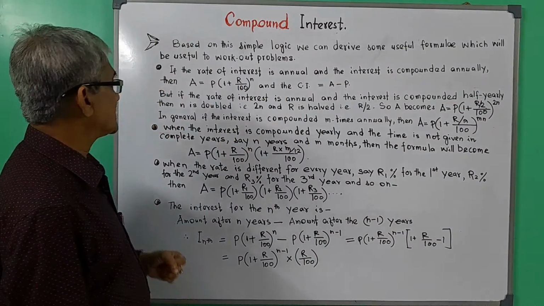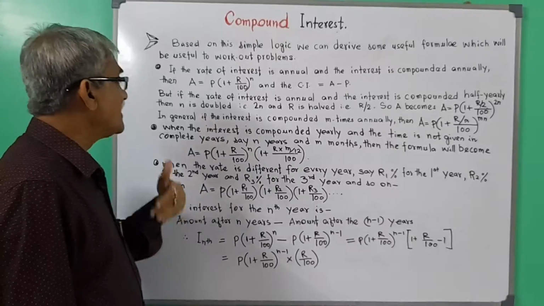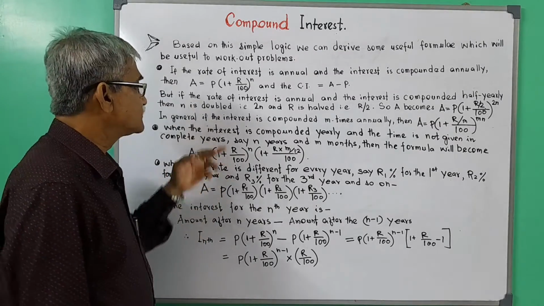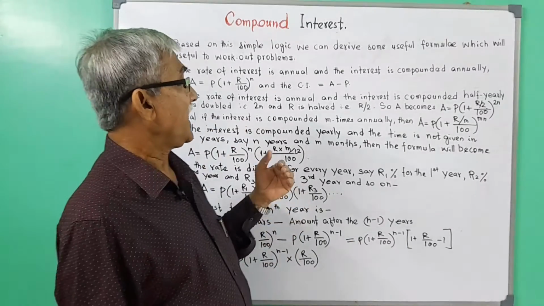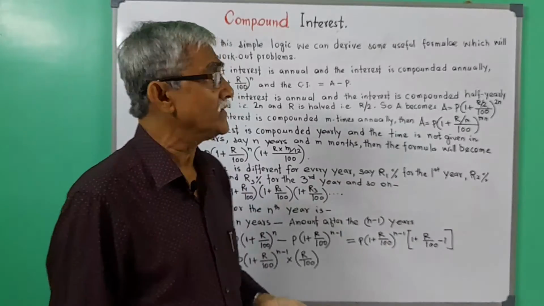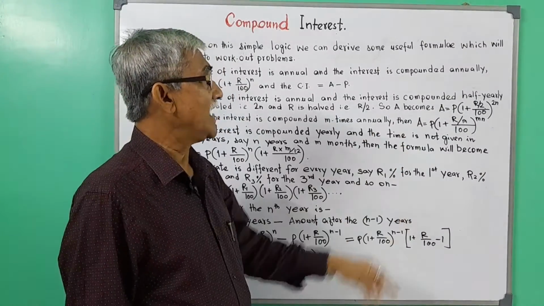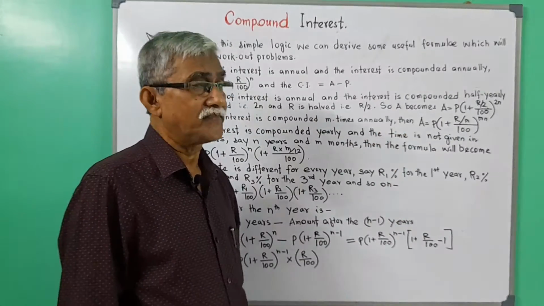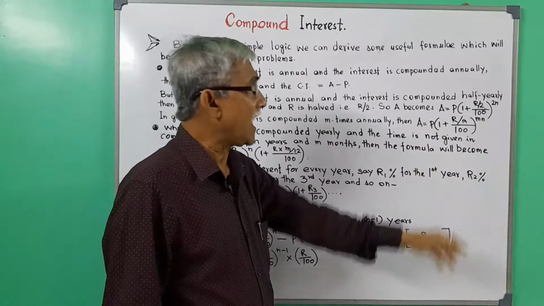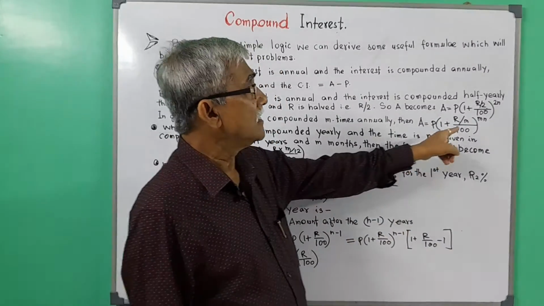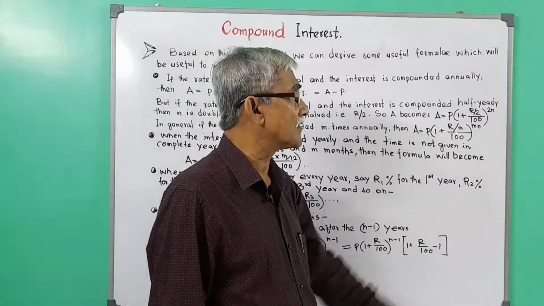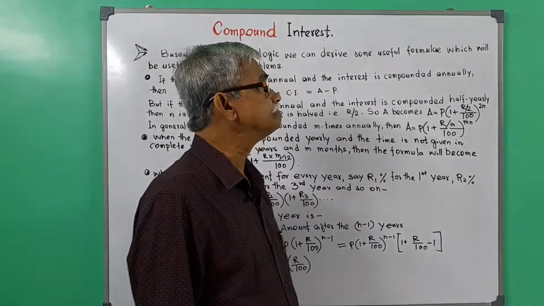We will be using this formula. So in general terms, if the interest is compounded m times annually, then the amount will become A equals P whole into 1 plus R over m whole upon 100 whole to the power mn.